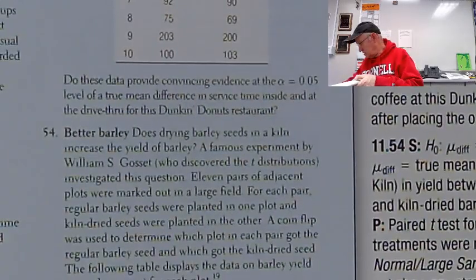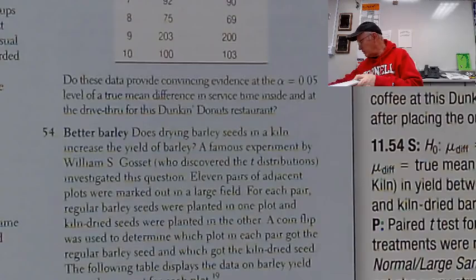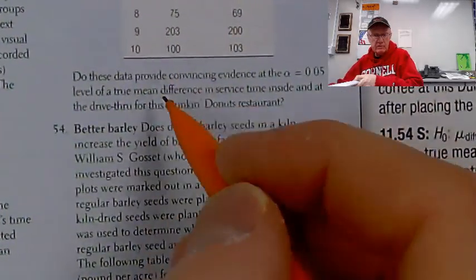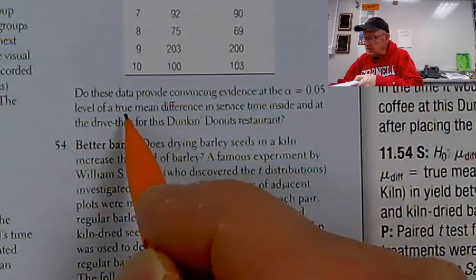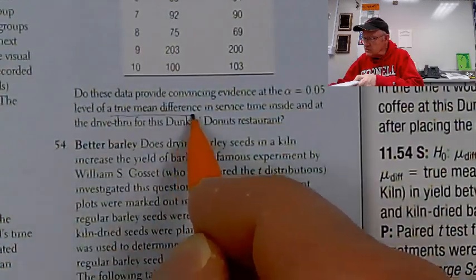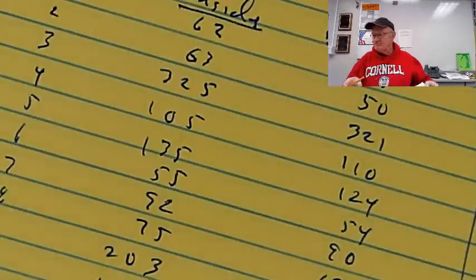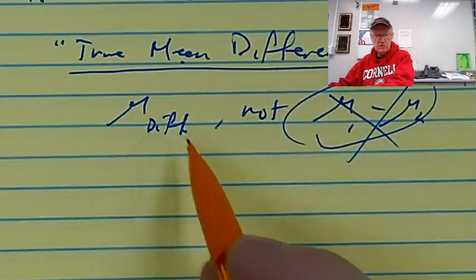And do you see where it says, well, I grew up never being allowed to write in a textbook, so I probably shouldn't write in this, so I'll use a pencil. But there's some language in here that helps us spot this as a one-sample t-test for matched pairs. And that's this right here where it says the true mean difference. True mean difference is a mu diff, mean difference mu diff.